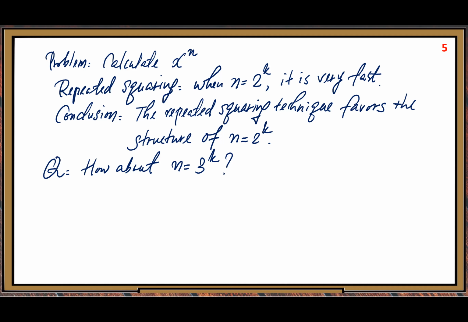Think about that question. The technique and the structure do not match. The repeated squaring technique does not match the structure n equals a power of 3. Is that possible? We'd like to do experiments.